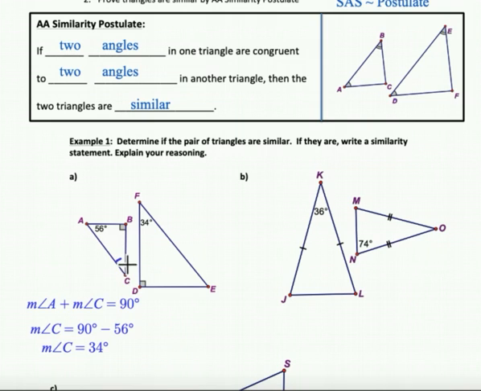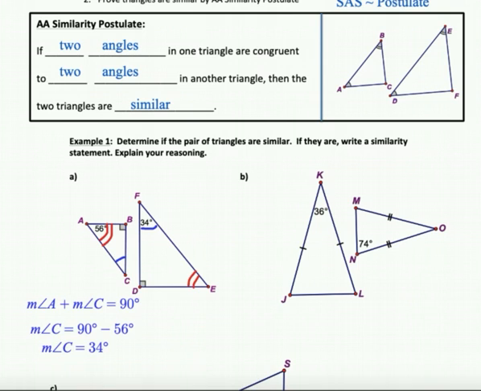So angle C is congruent to angle F, and I do have two angles in one triangle congruent to two angles in the other. I also know that the measure of angle A, which is 56 degrees, has to be the same measure as the measure of angle E, because if two angles in one triangle are congruent to two angles in another, then the third angles must also be congruent.